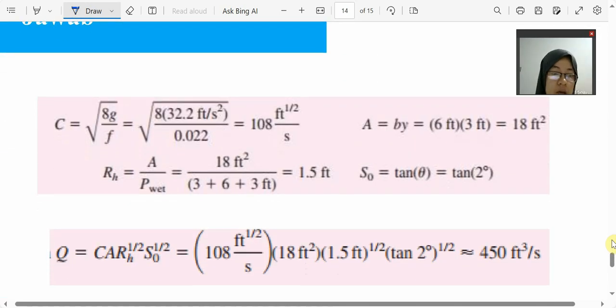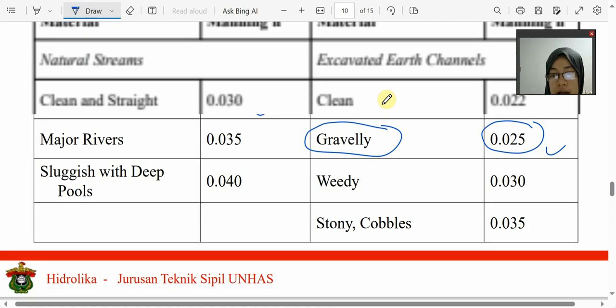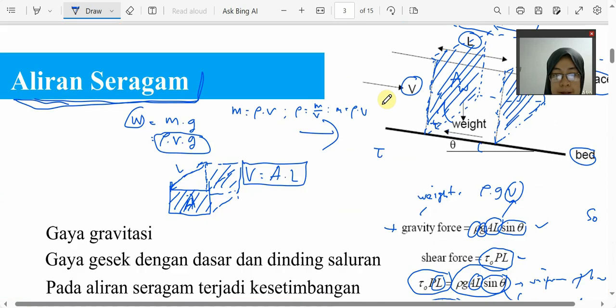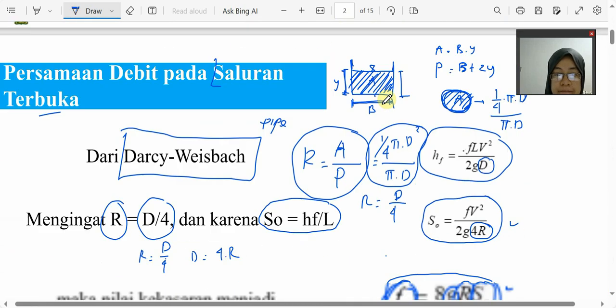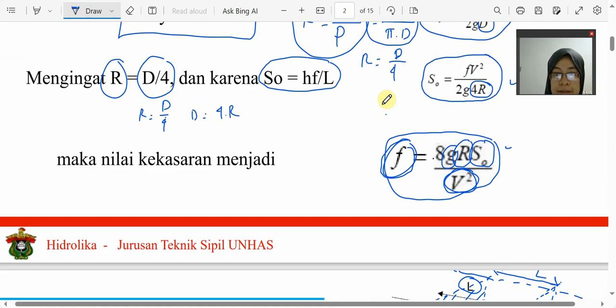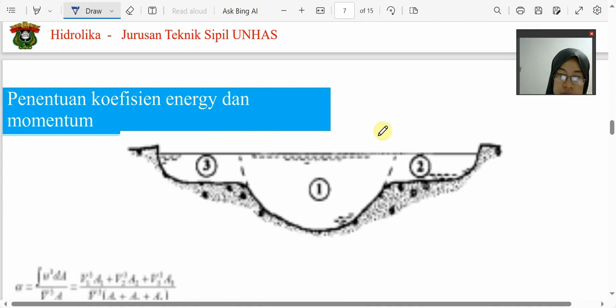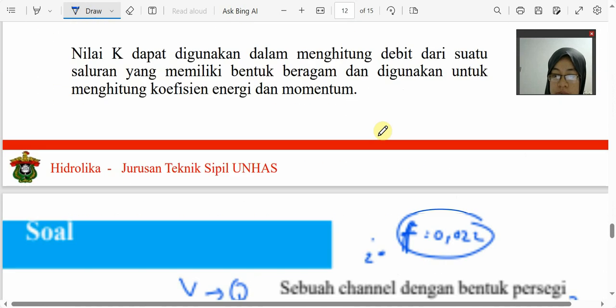As you remember, Chezy and friction factor, the connections, as we talked about in the first slide. Here, we use this to answer the problem.